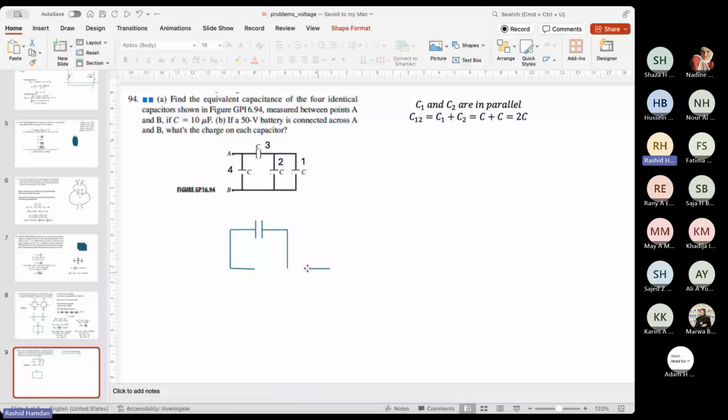Then we have these points A and B here, where I would connect the battery later on. Now this is C12, which took the place of 1 and 2.